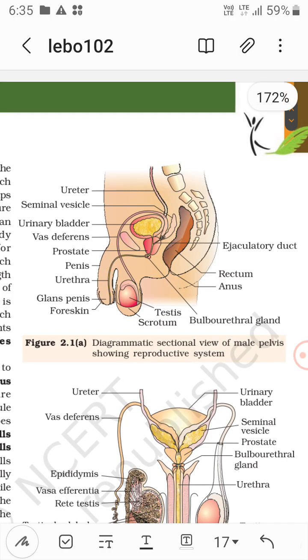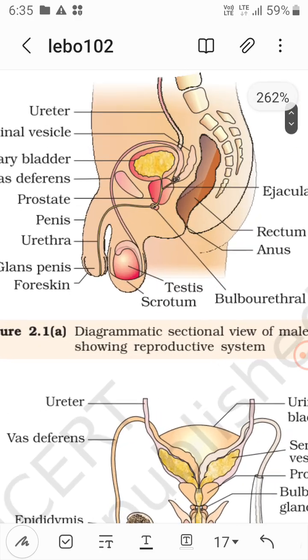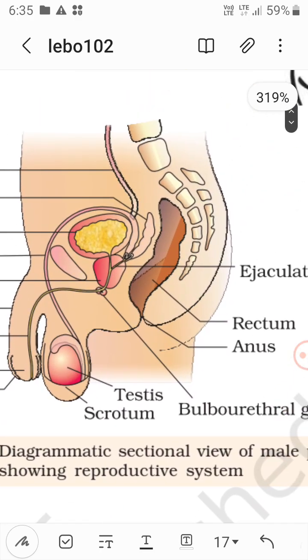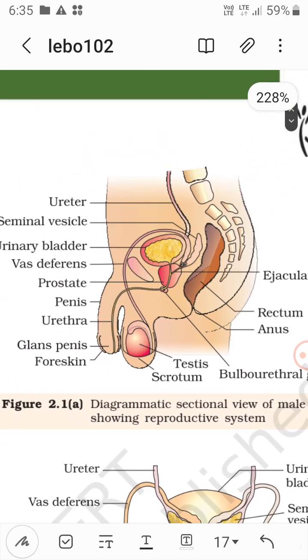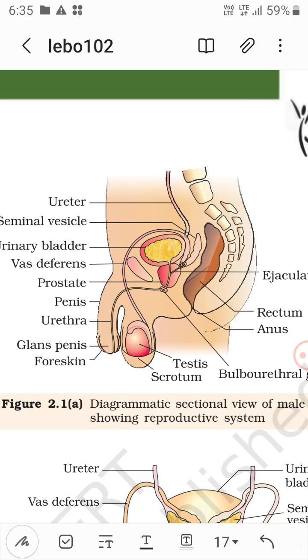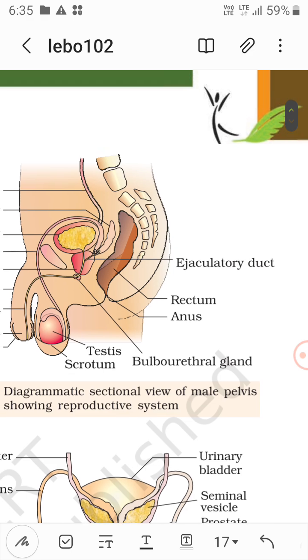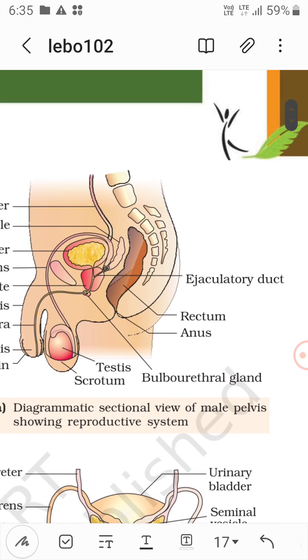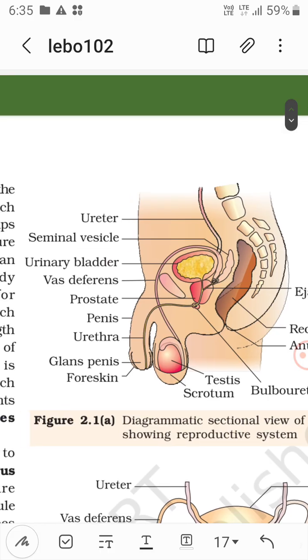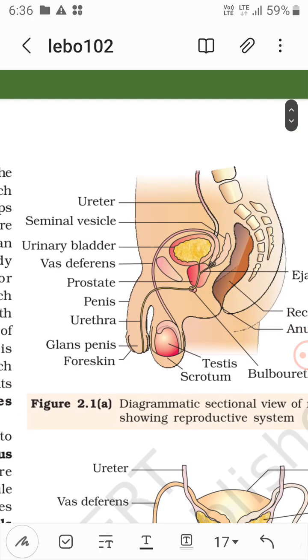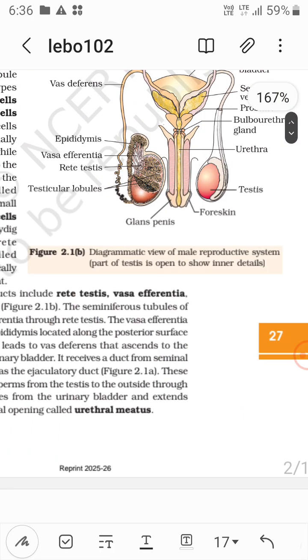Just remember this diagram because they can ask the naming, right? Which one is the ejaculatory duct? This one. And then there is the prostate, the penis, and the urethra. There is the glans penis and foreskin, then the testes and scrotum, the bulbourethral gland, the rectum, and the anus, then the ejaculatory duct, urinary bladder, vas deferens, seminal vesicle, and ureter. So just remember all these things.